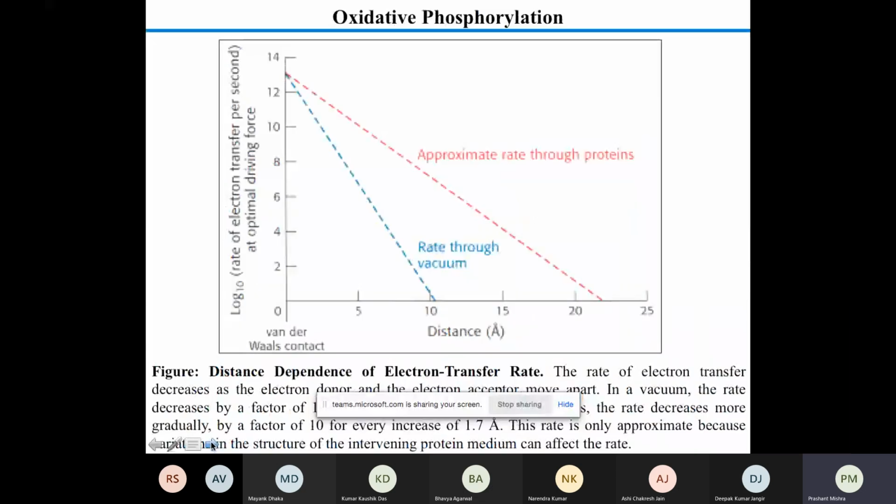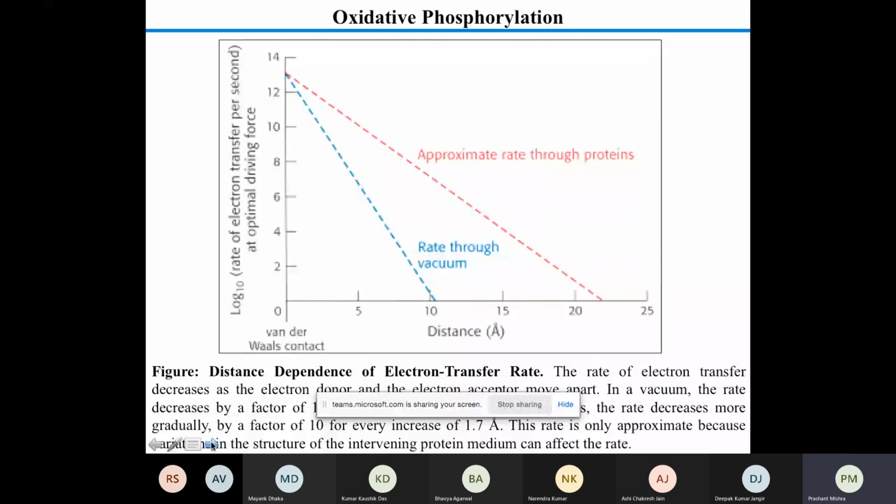Now the concept has been further discussed: will there be any rate of electron transfer? How will it depend? Of course it depends on the medium. The electron transport rate will depend on how far apart your donor and acceptor are.